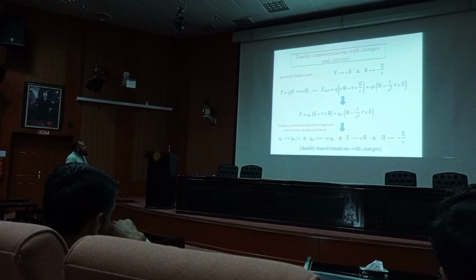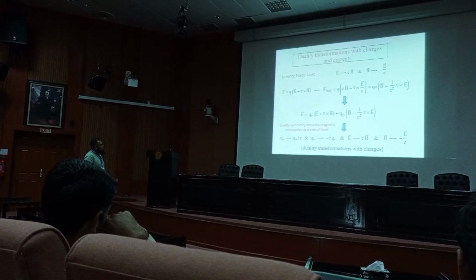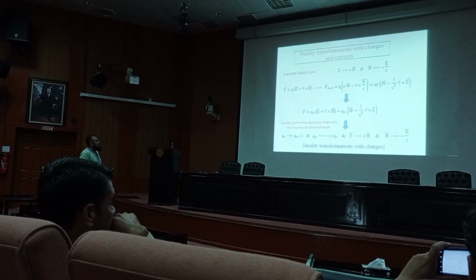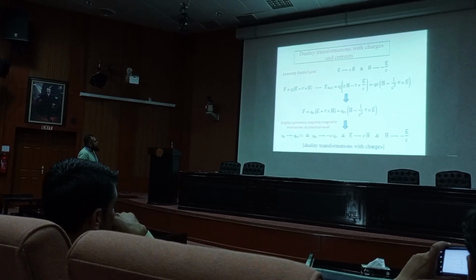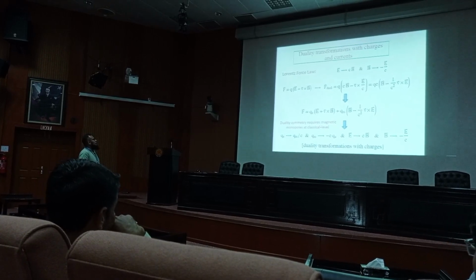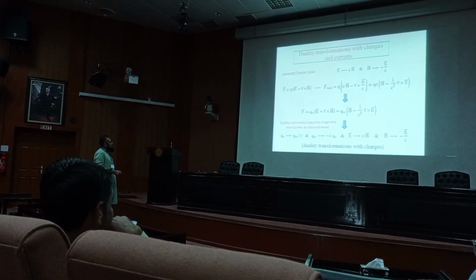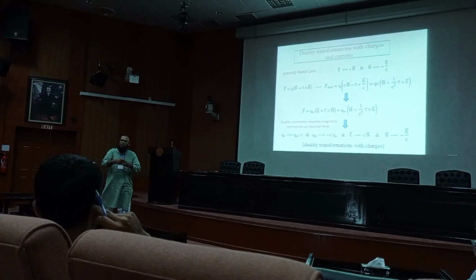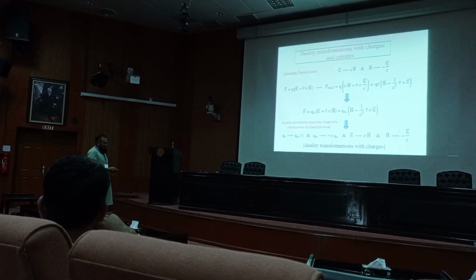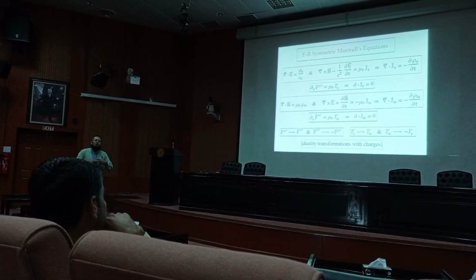From this we can write that this generalized Lorentz force is invariant under these generalized duality transformations, where you replace electric charge with the magnetic charge like this, and magnetic charge with the electric charge. If you do that, these two terms will transform into each other, and the Lorentz force law will remain invariant.